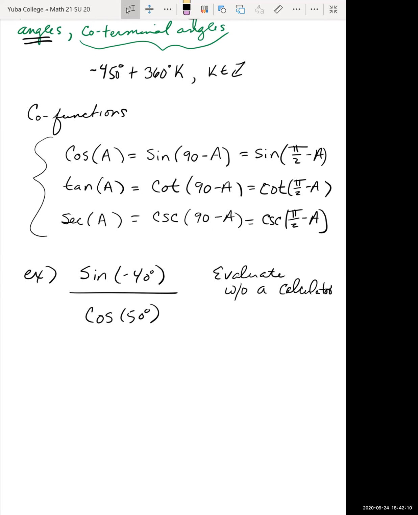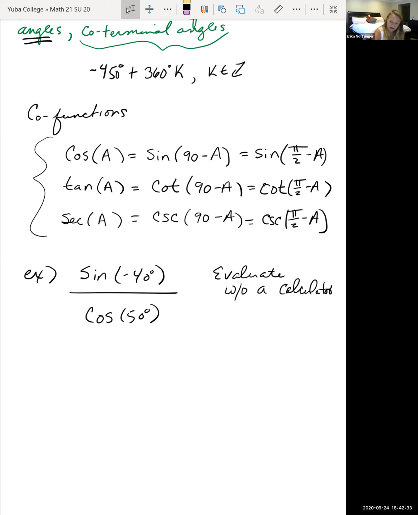Would you change them into radians? Changing them into radians isn't going to help us because those radian measures we don't know either. We could use the cofunctions above, and we also could use the fact of odd and even functions.